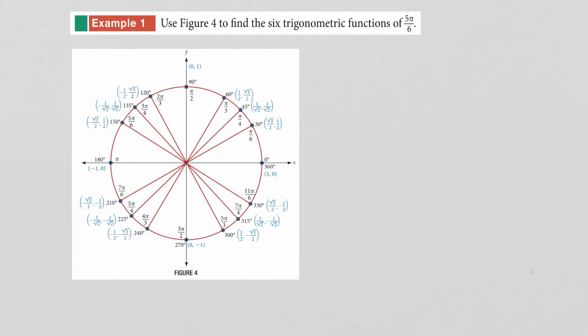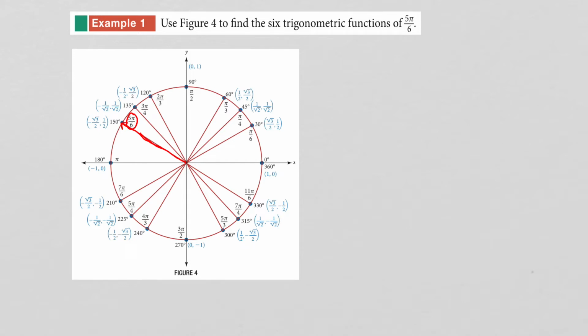So in our first example, it says to use figure 4 to find the 6 trigonometric functions of the angle 5 pi over 6. So if I'm looking at the unit circle, the first thing I want to do is locate 5 pi over 6. So it is this angle here, right? Also the same as 150 degrees.